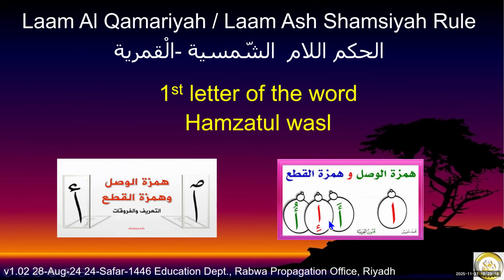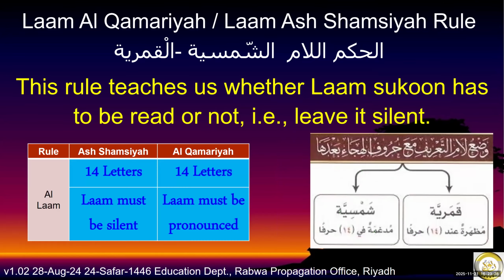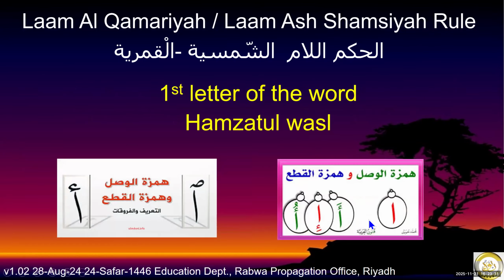In both cases, this is considered as hamzatul qata, but without a sign, you have to be careful whether it is a hamzatul wasal or not. In most cases, if the first letter of the word looks like this or like this, that is 100% a hamzatul wasal. It cannot be a hamzatul qata.